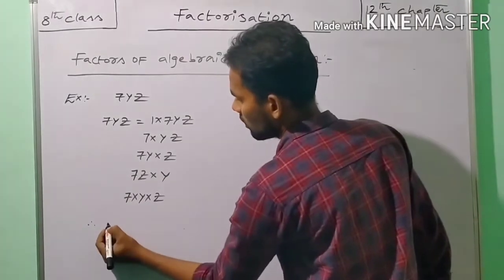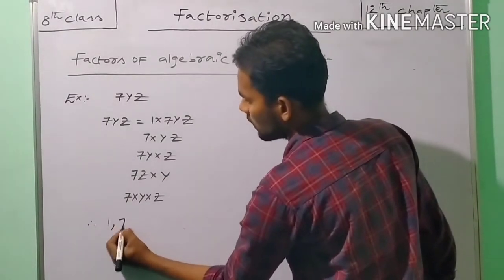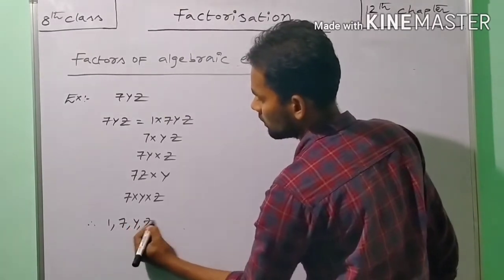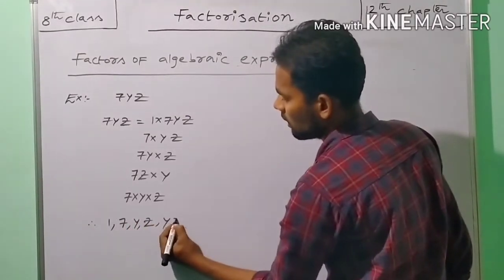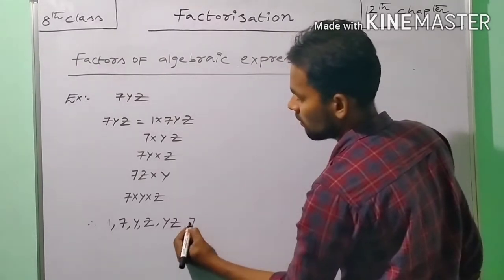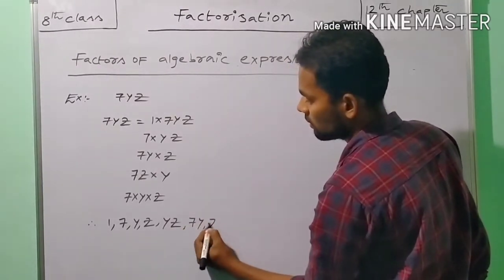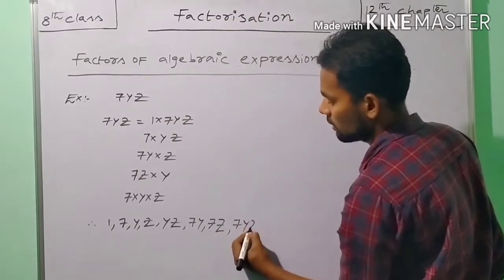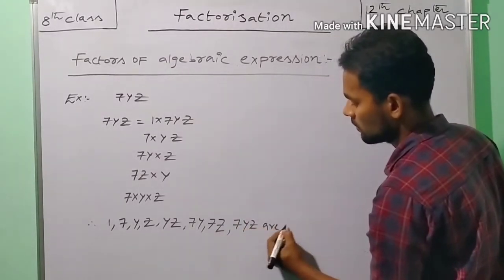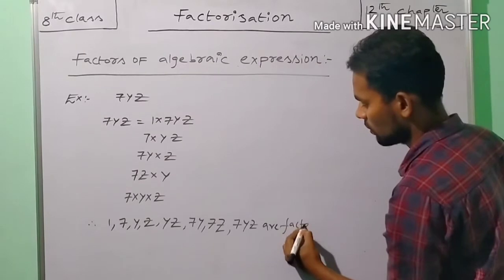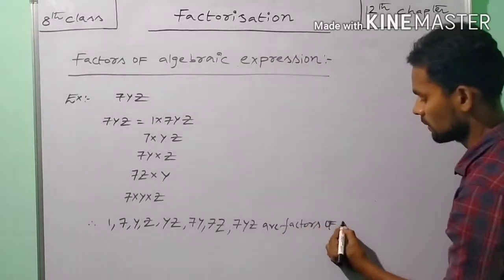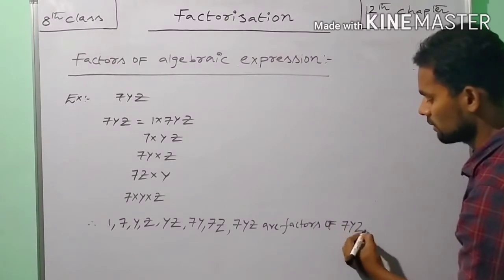So, here 1, 7, y, z, yz, 7y, 7z, and 7yz are factors of 7yz.